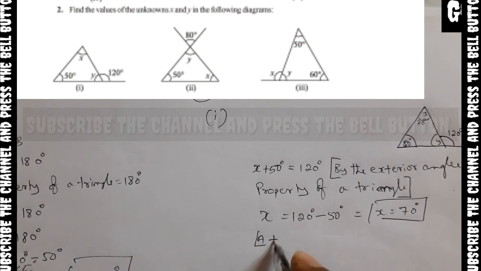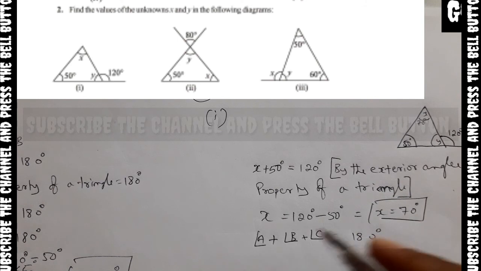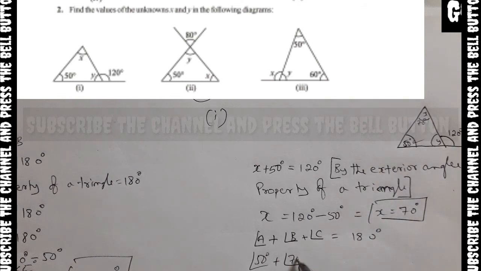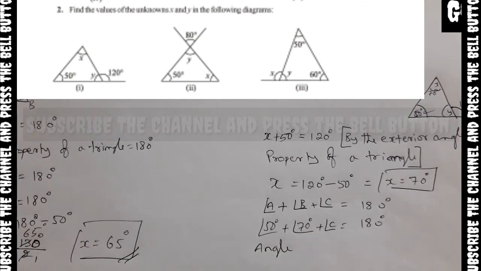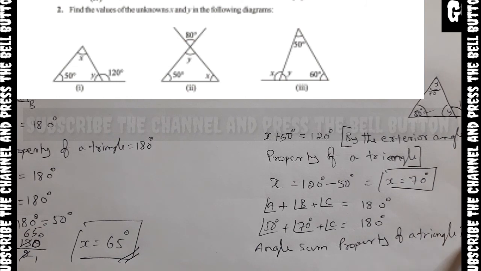Angle A plus angle B plus angle C is equal to 180 degrees. Angle A is 50 degrees. Angle B is 70 degrees. Angle C we are finding. The angle sum property of a triangle is 180 degrees.